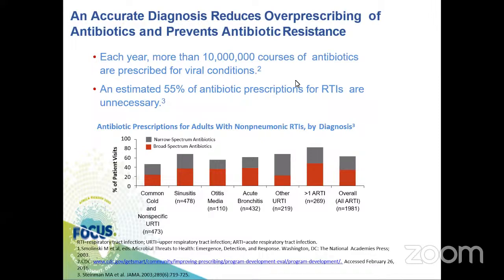Again, if you look at each year, more than 10,000 courses of antibiotics are prescribed for viral conditions. From my previous presentation in the introduction, I was asking, is there something that we are missing? Most of us have seen a patient going to the ward, admitted, but you're not sure what you're dealing with.